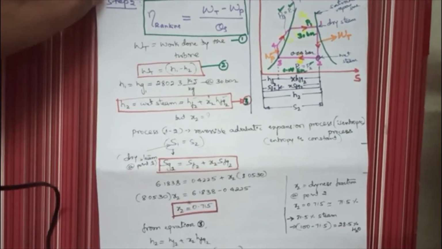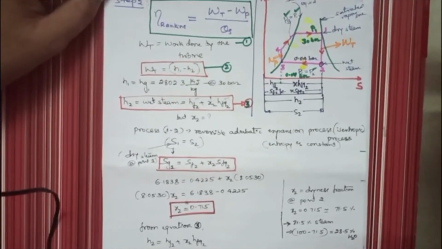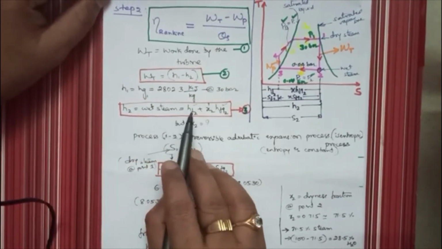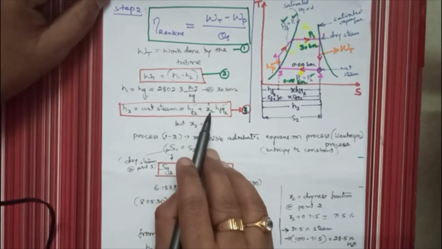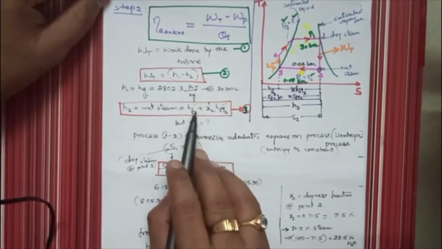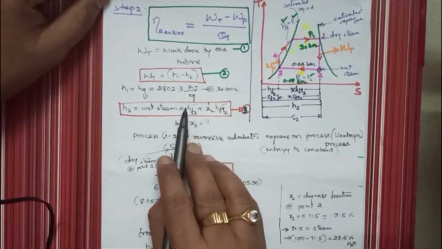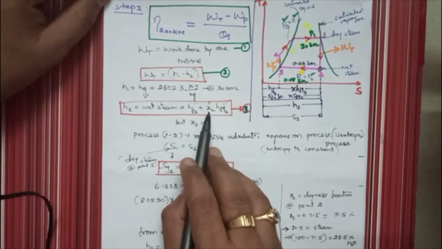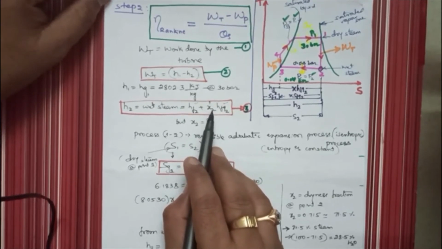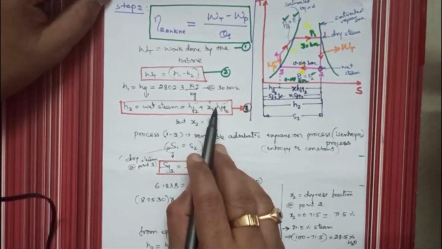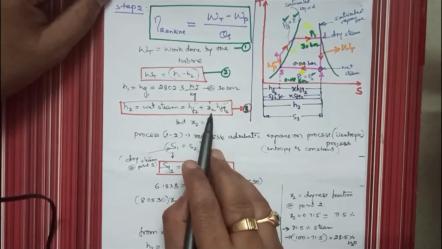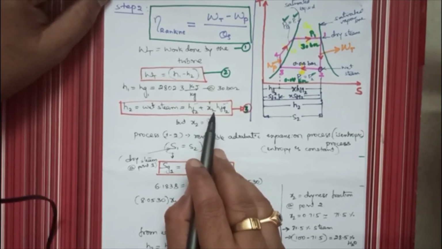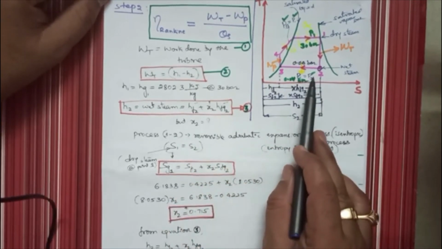You may face difficulty in understanding, but please concentrate here. So H2 is equal to wet steam HF2 plus X2 into HFG2. So the HF2 value I will take from the data handbook at 0.04 bar pressure, but I don't know X2. X2 is not given in the given data. What is X2? X2 is the quality of steam at exit of the turbine, or quality of steam at inlet to the condenser.